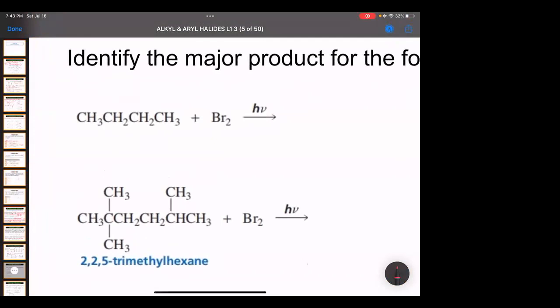Suppose if someone asks you how many products can form, you will write all the possibilities. Be very, very careful. But if someone asks you what is a major product, then you are not going to write all the possibilities, right? You will just mention one product which will form in the maximum amount. So tell me which is the major product for this reaction.